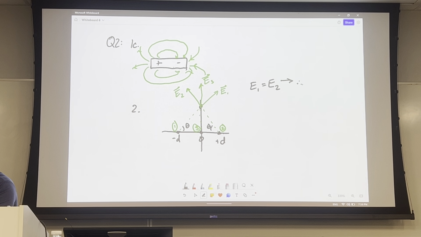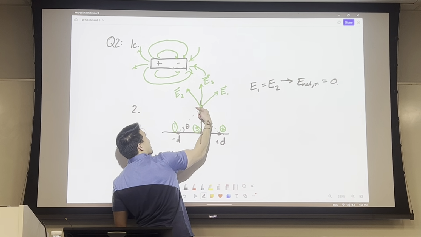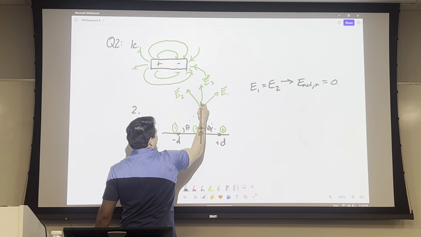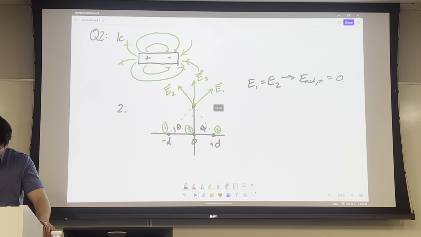Essentially, all this will lead to E net in the x being equal to 0. The x component of 1 is going to cancel the x component of 2. And from 3, you don't have any x component anyway, so you don't even need to consider it.